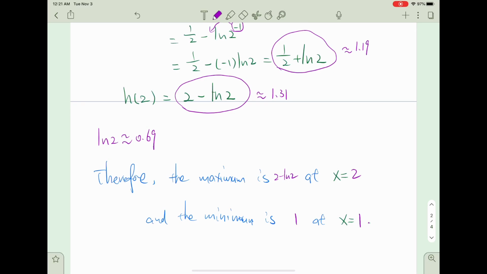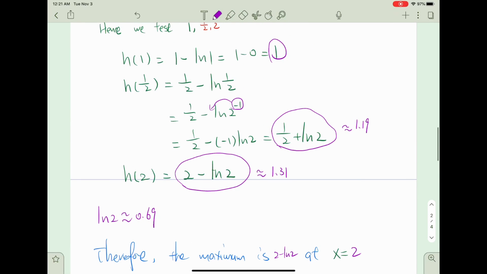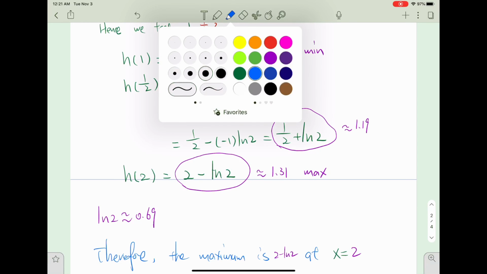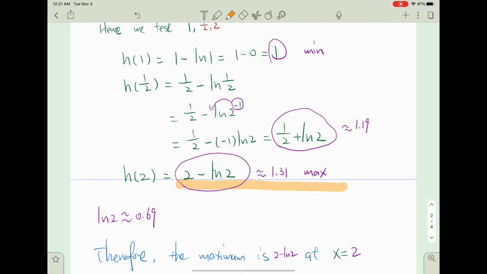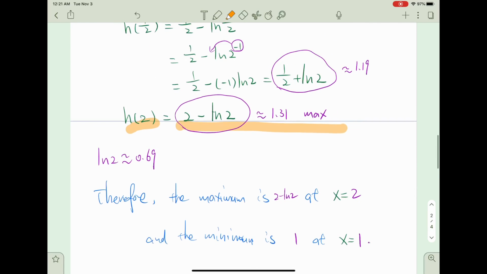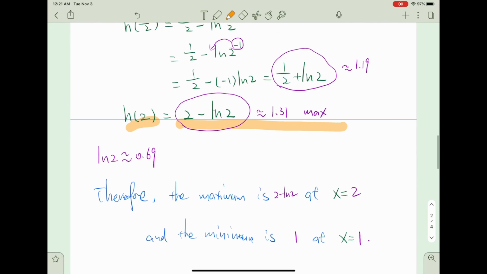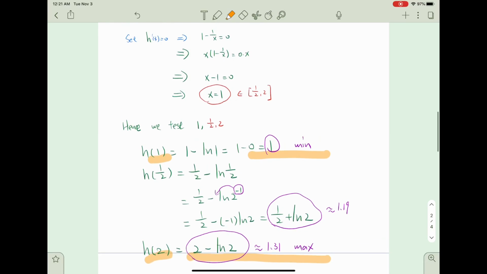Okay. This is the min here, and this is the max. So that is this question C.